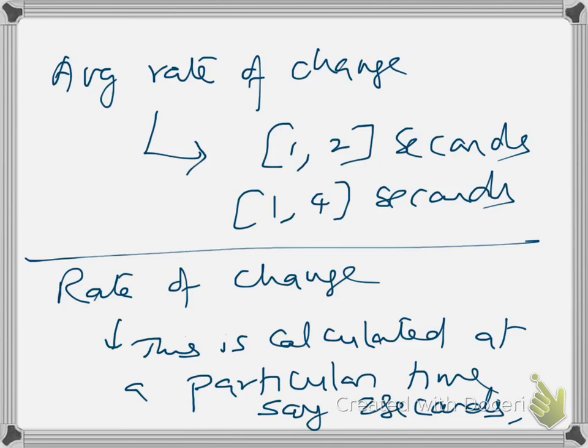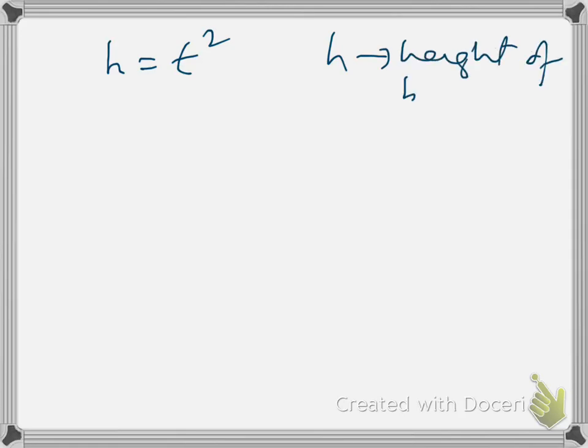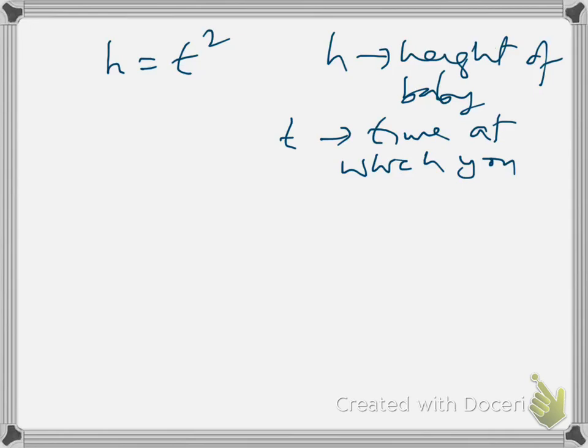Having said that, last time I was trying to calculate average rate of change. So we took this example h equal to t square, where h is the height of the baby and t is the time at which you are looking at the height of the baby.